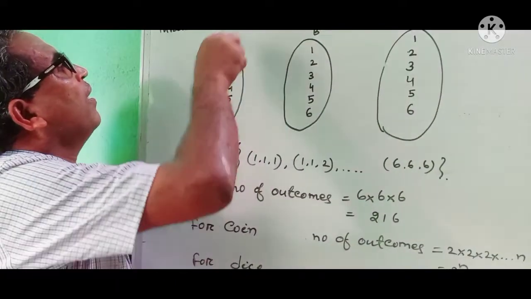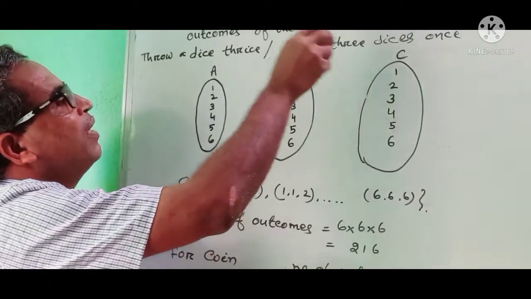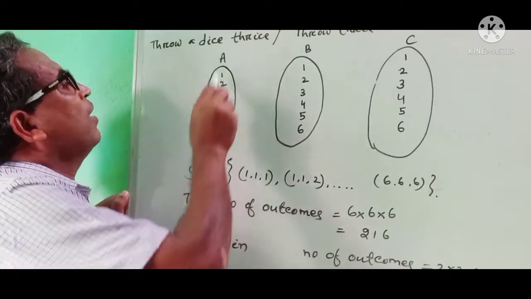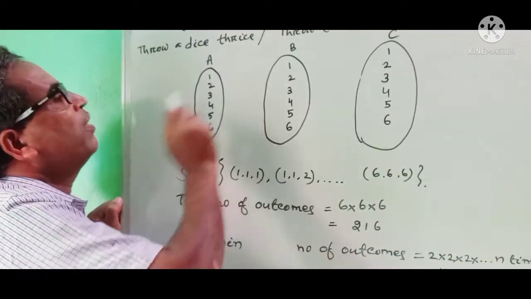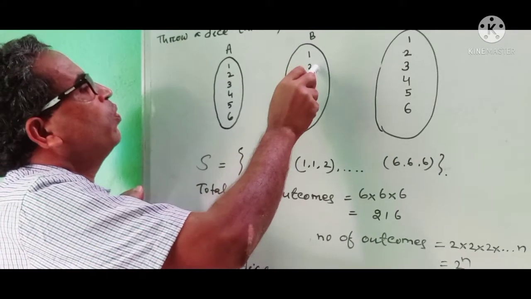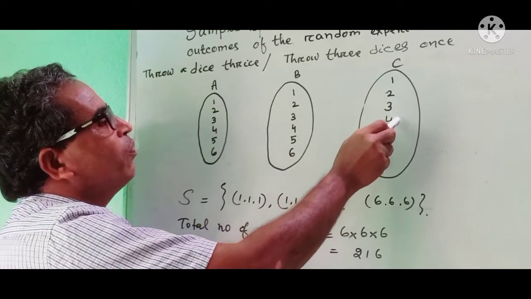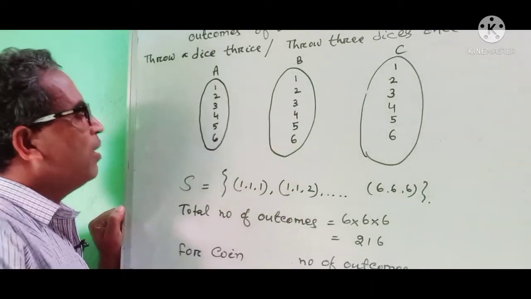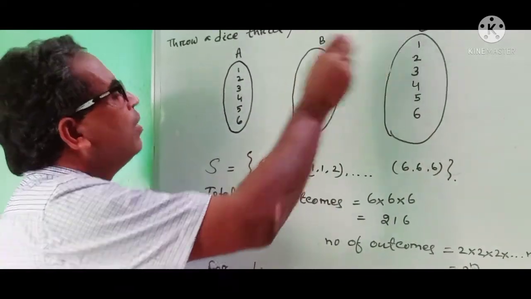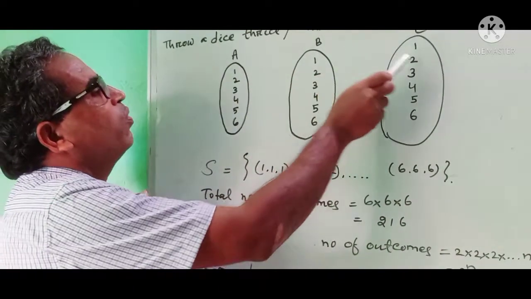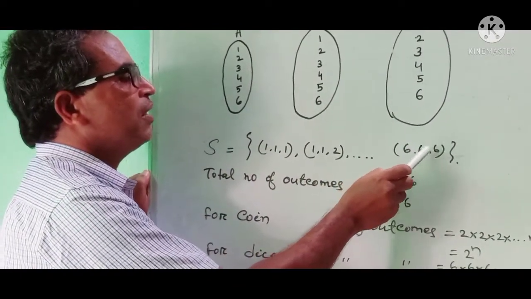Here I have taken one dice A, the second B, and the third C. Each has the possibilities 1, 2, 3, 4, 5, 6. So the sample space will be 1 1 1, 1 1 2, like this, and the last one is 6 6 6.